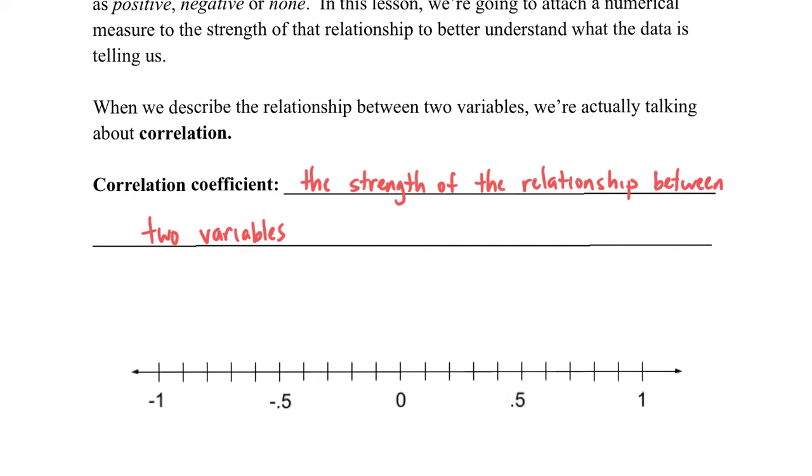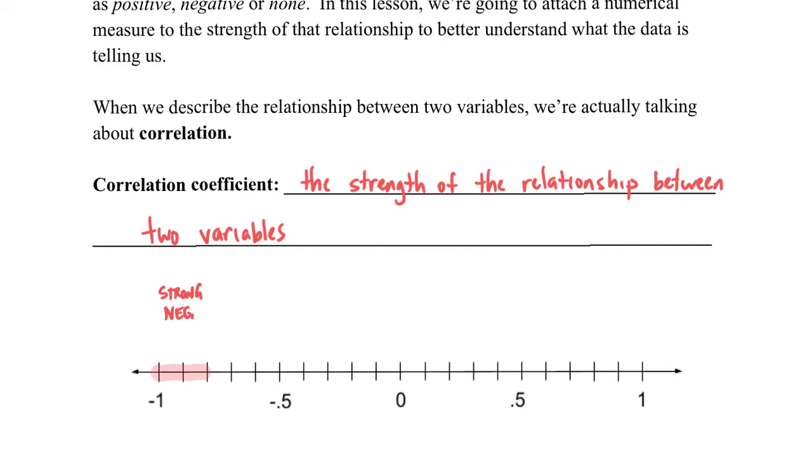So check this out. This area right here, let's do it this way. Here we go. From -1 to -0.7, if you have a correlation coefficient that's between -0.7 and -1, we would call that a strong negative.